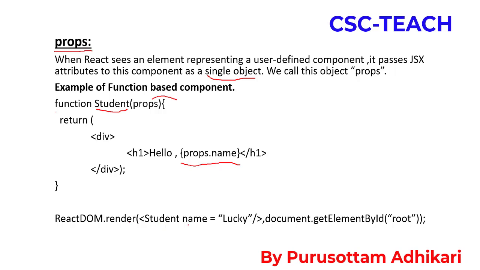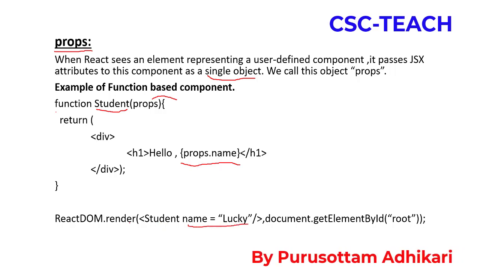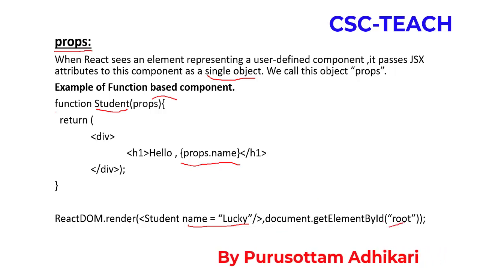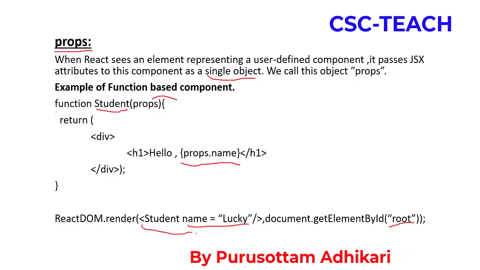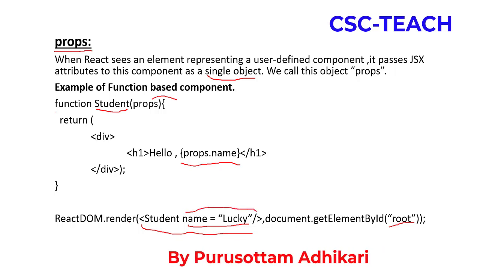Then we pass attributes here, that is name equal to lucky, then document dot getElementById root. We provide this render method to the root element in the index.html file. From here to here is JSX. We pass an attribute called name equal to lucky.